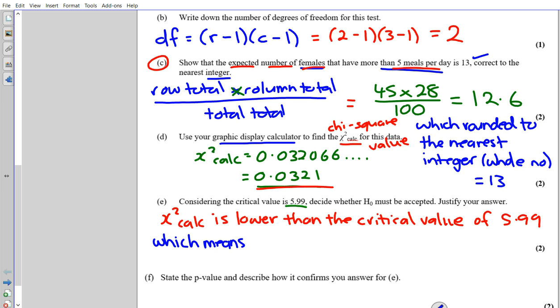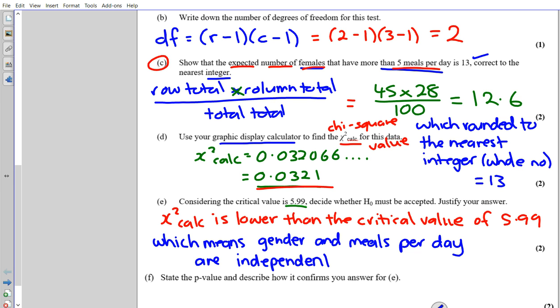Don't say no relationship, just say they're independent. Which means gender, and I don't have much space, so I'll just say meals per day instead of average meals per day, are independent. If your calculator value is lower than the critical, the two variables are independent.